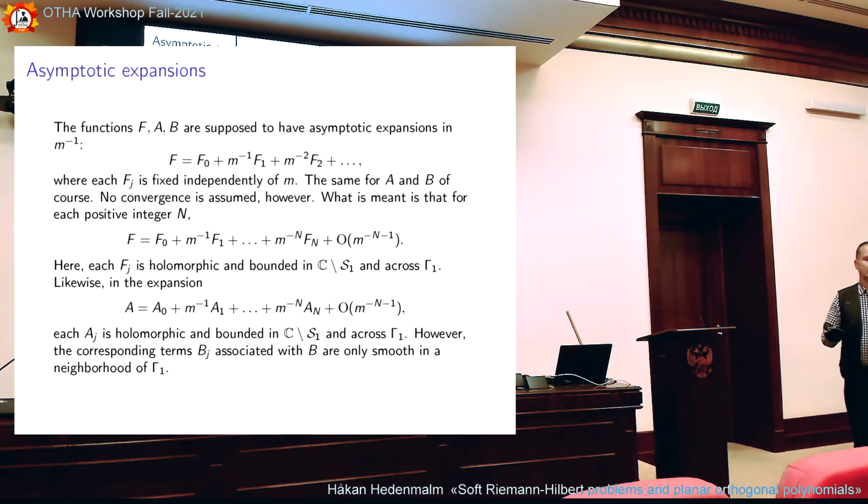There are a lot of ways a function can depend on the parameter m, and this is the simplest possible type of behavior. So that's what I try here, and it might be false.